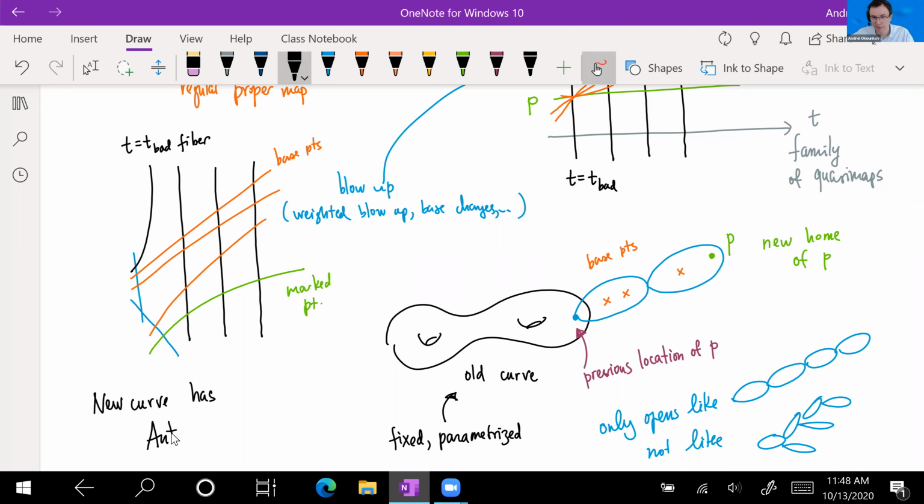So it means you have a kind of sausage link, and I have one mark point. So this part is parameterized. And then the sausage link opens, I have one mark point. And at every part of that sausage link, I have two special points. It's either a node or a mark point. And so the automorphisms are isomorphic to C star times the number of bubbles.